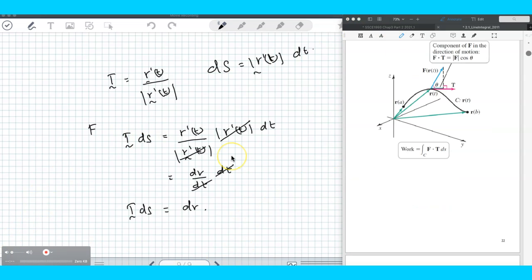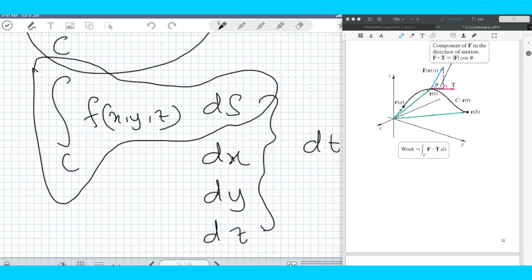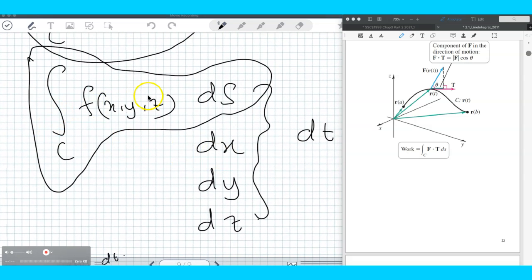Okay, for the vector line integral, if you have a scalar field, we can represent the mass. Okay, we are evaluating the mass along the curve.